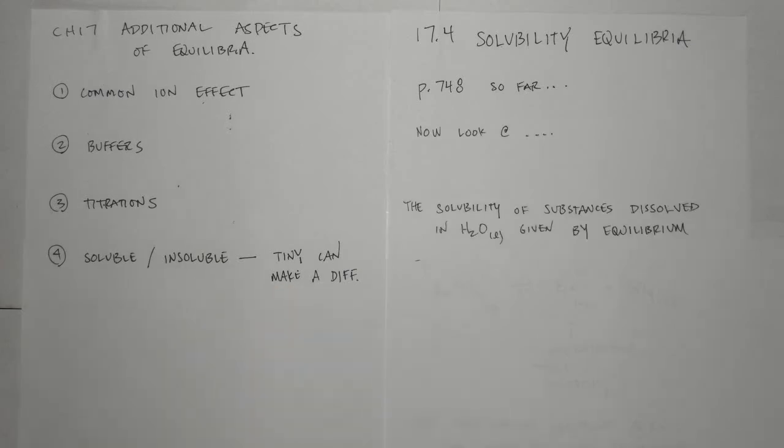The solubility of substances dissolved in water is given by an equilibrium. Here's an example. Barium sulfate is usually a solid, and it's usually insoluble.